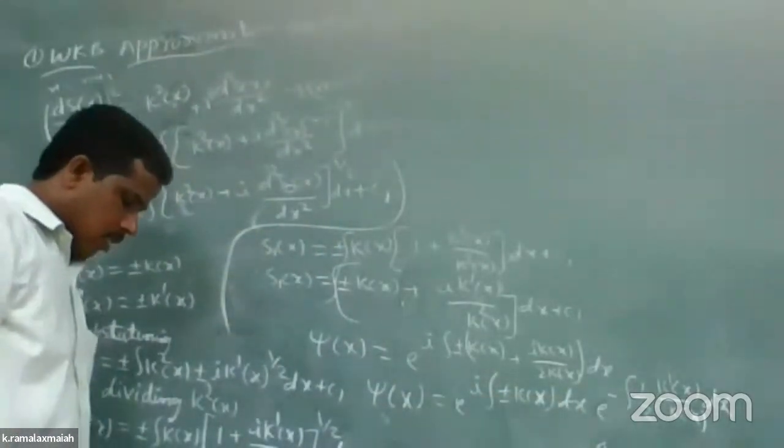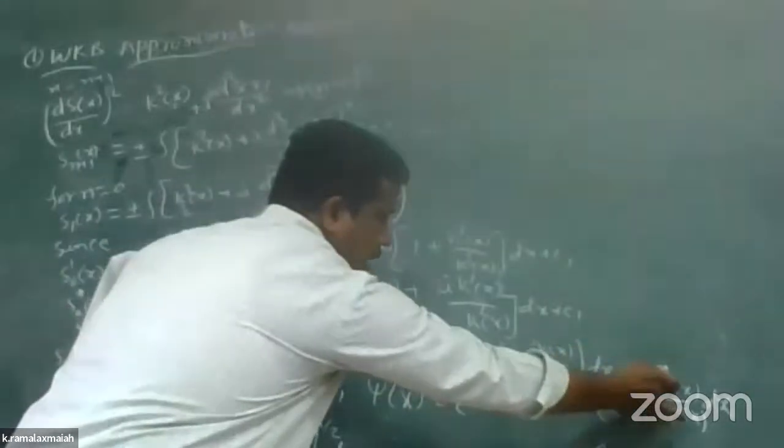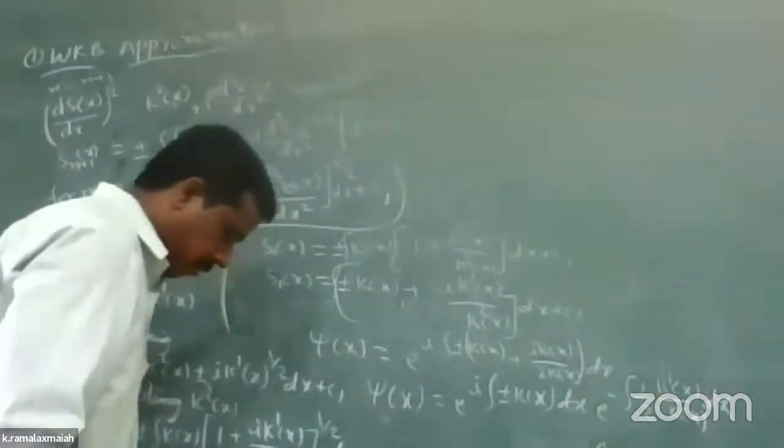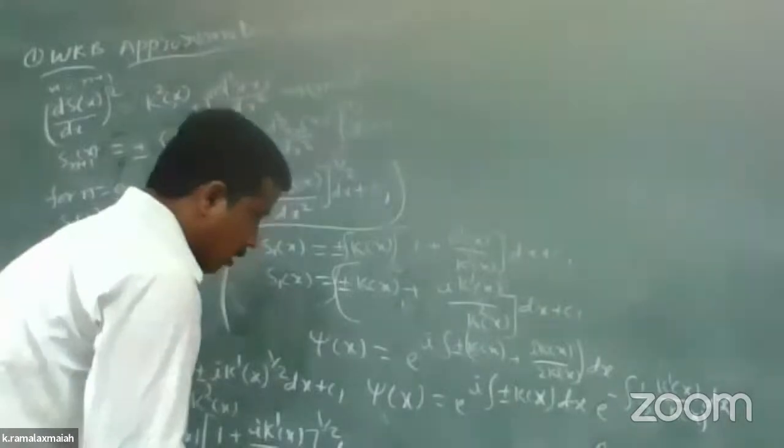So this is the k dash of x by k of x value, which links to the log of k of x. Link it to k of x and write that equation.